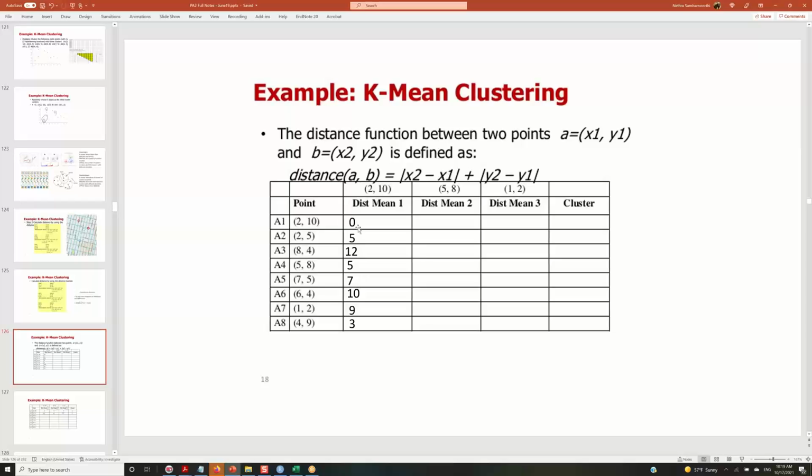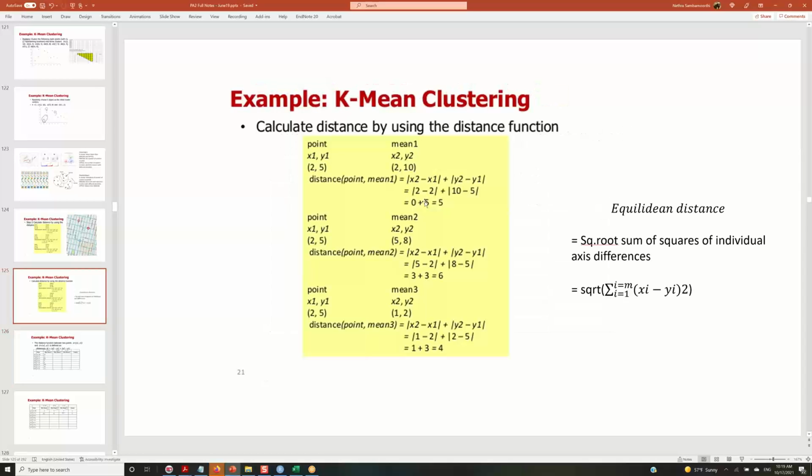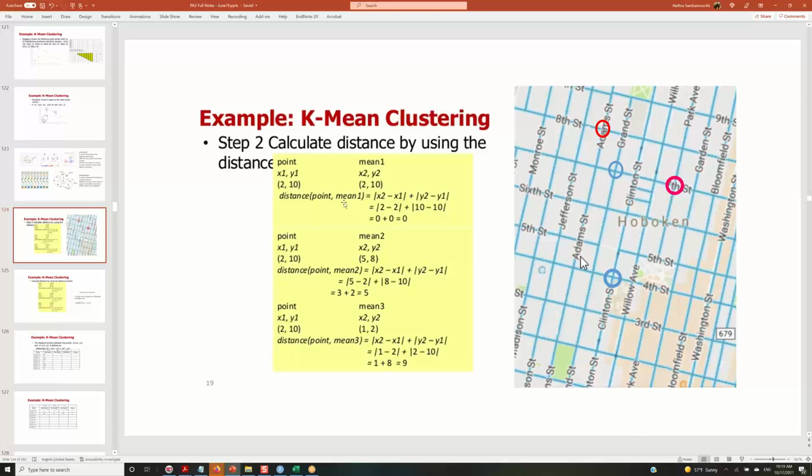So now I have to know how to calculate distance. There are many distances you can calculate. This is one of the distances, called the absolute distance, also called the Manhattan distance. Because in Manhattan the streets are perpendicular, kind of, right?